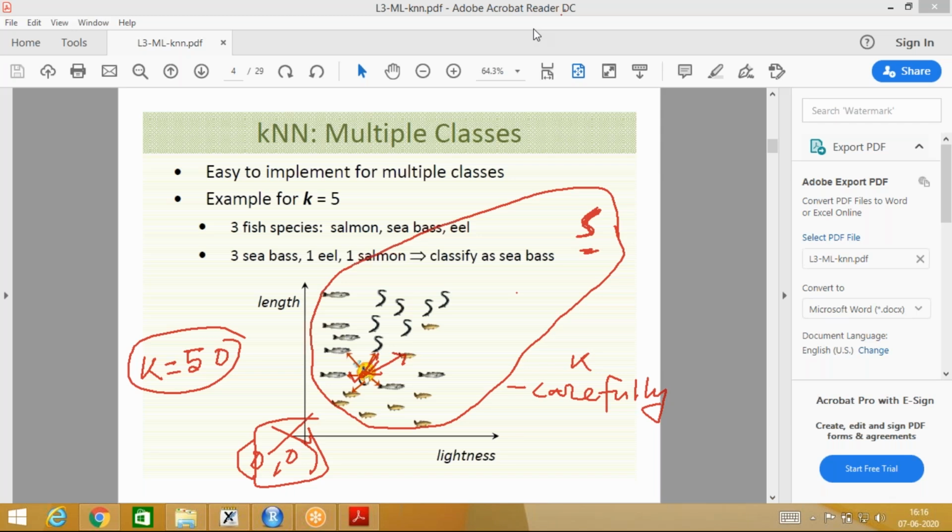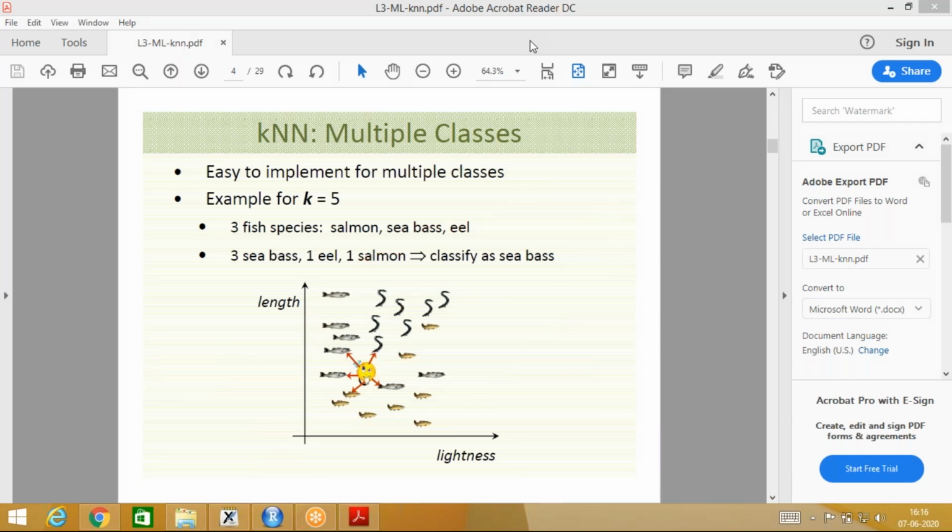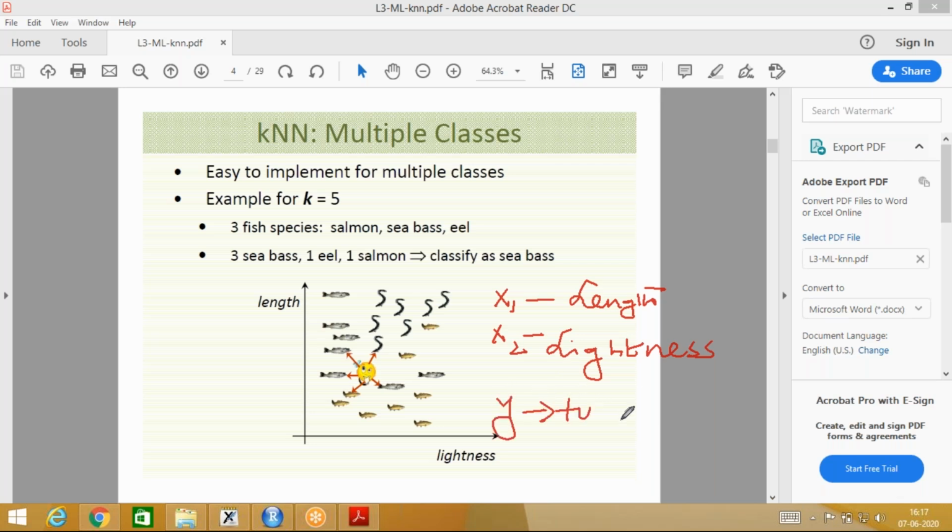I have two x variables, x1 and x2, and these variables are length and lightness. And my y variable is the type of fish.